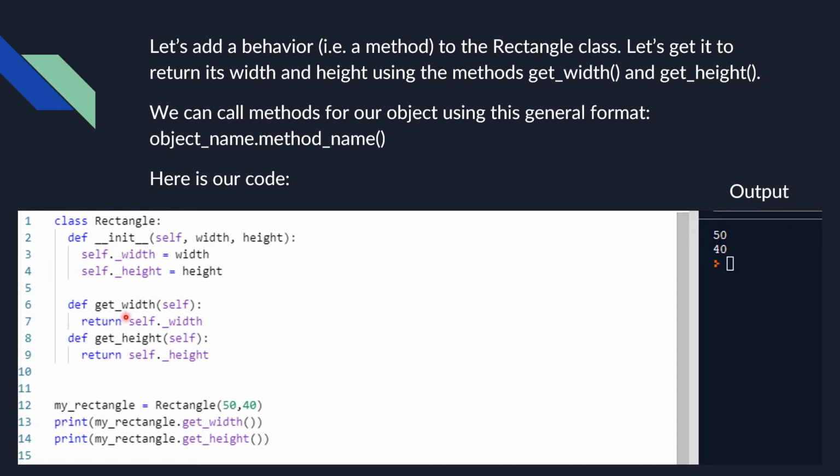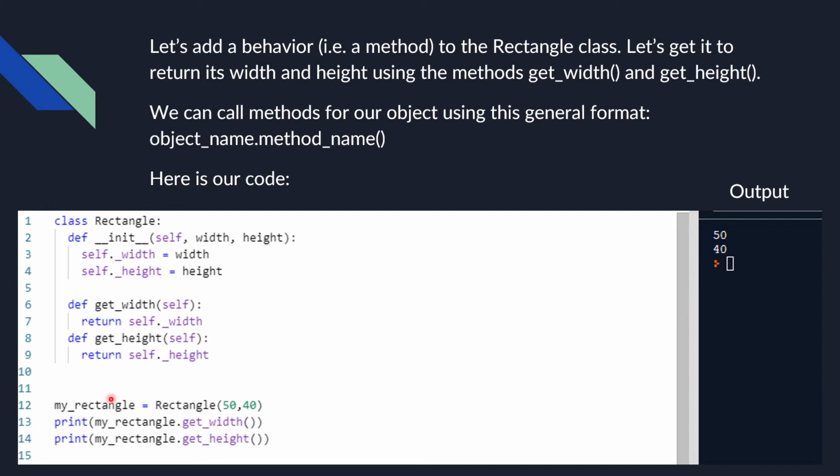So here they are, very simple functions. The only difference here is that we have a self inside the parentheses for each function. That's just proper syntax when declaring functions inside a class. It means that whenever you call the function, you have to use the name of the object dot whatever the function is to call it.